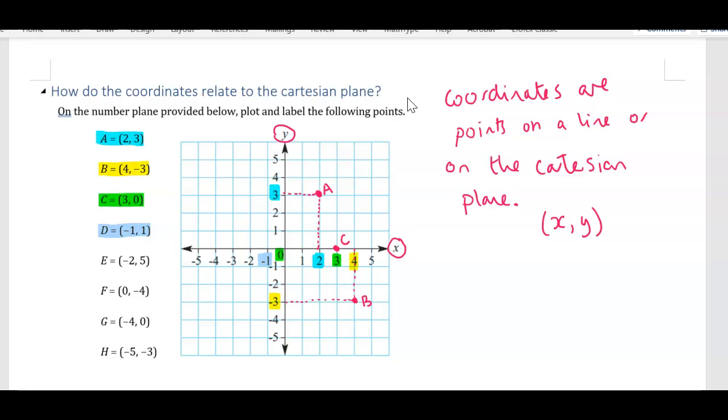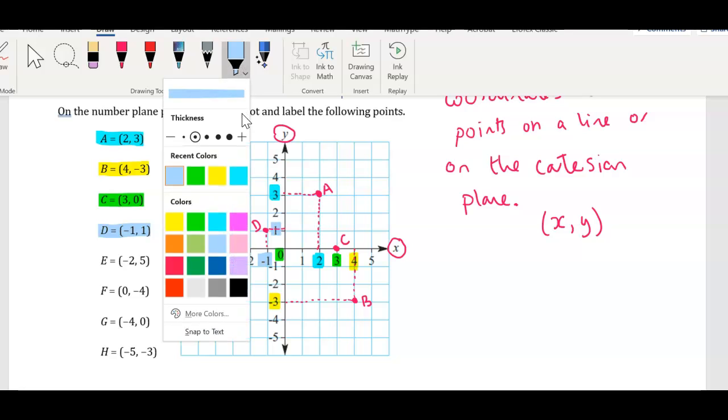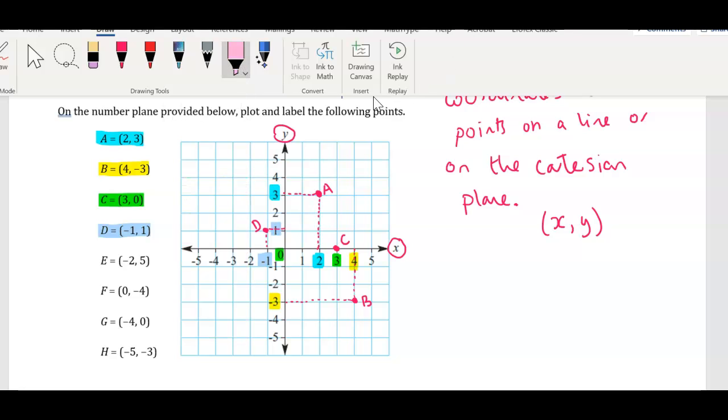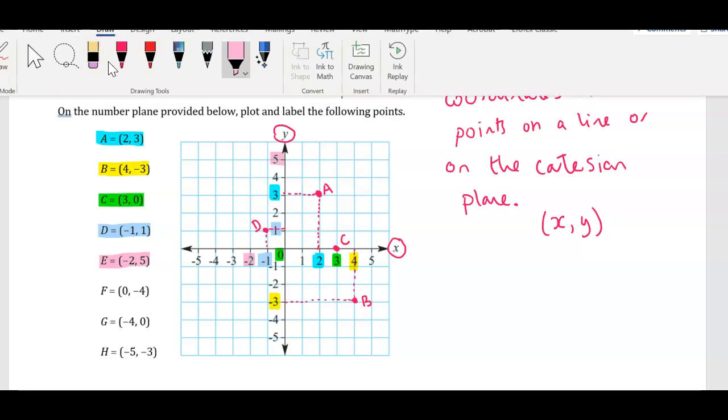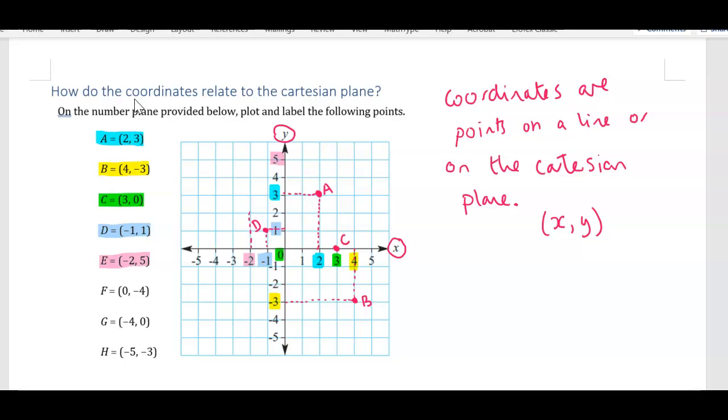So x equals -1, y equals 1. Again, going up and across. So this point here is D. Not overlapping just yet, so maybe I can keep going with my colours. Point E: x equals -2, which is here, and y equals 5. So we go up and across. This point here is E.